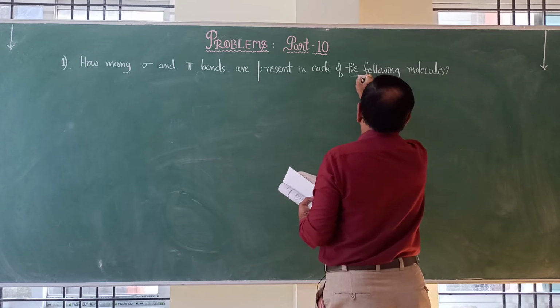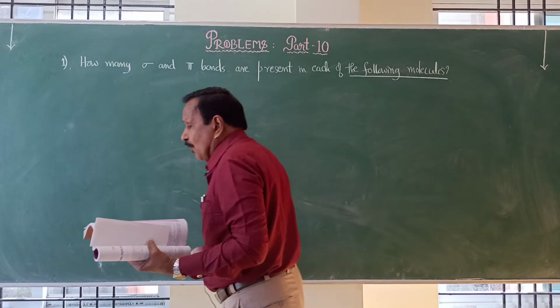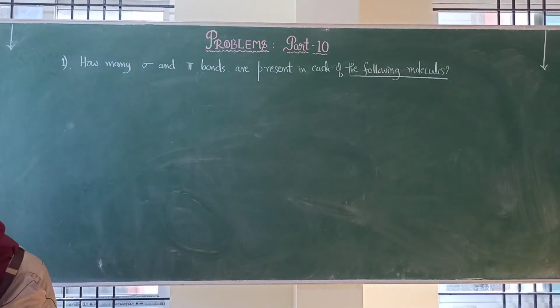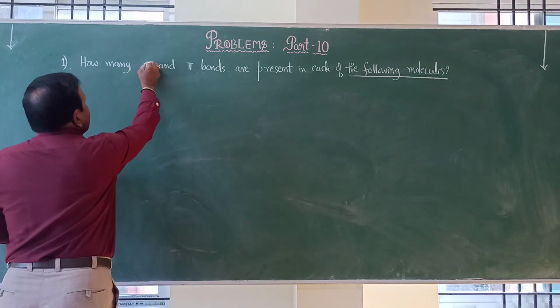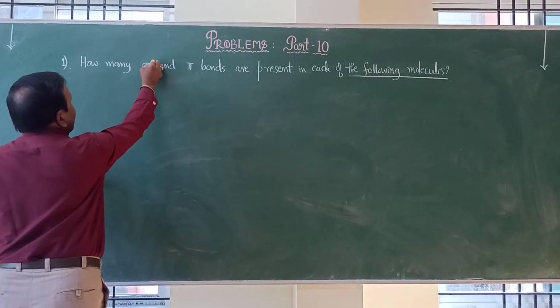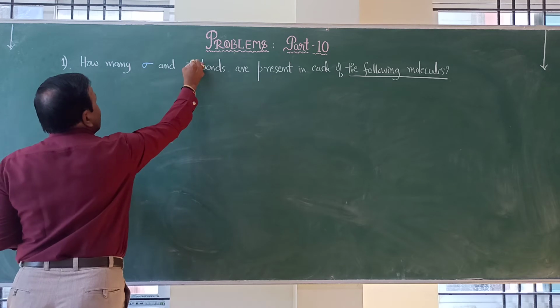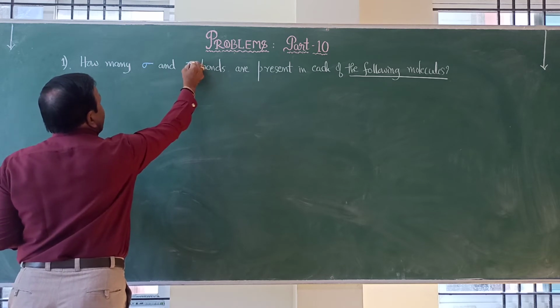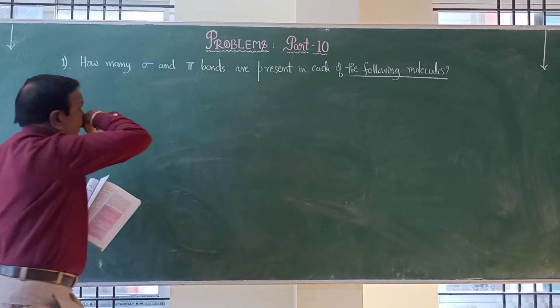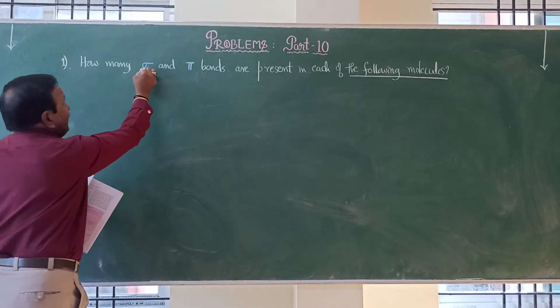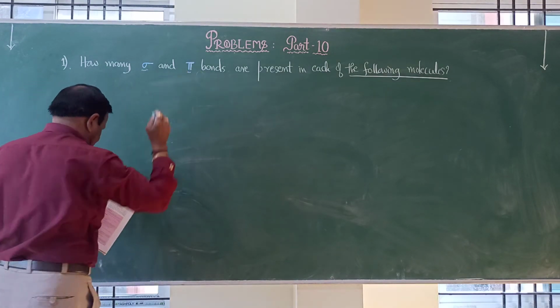So this is the question asked, and what you have to identify? You have to identify sigma bonds and pi bonds present in them. Okay? So we are going to identify sigma and pi bonds.